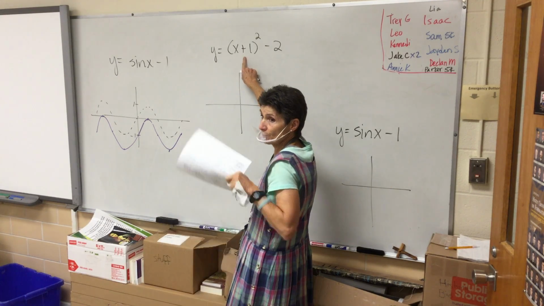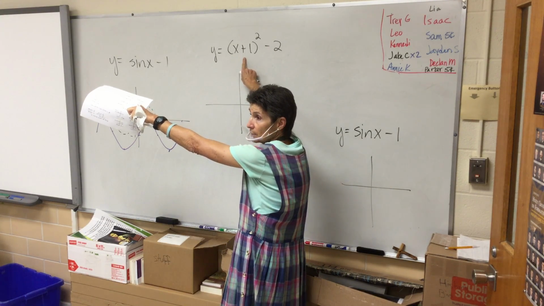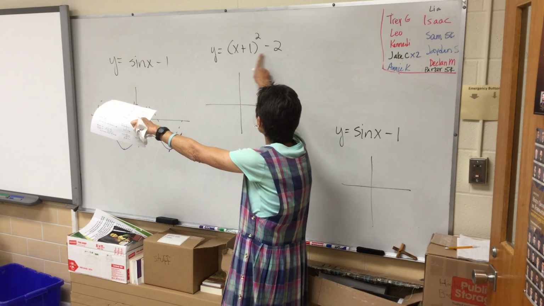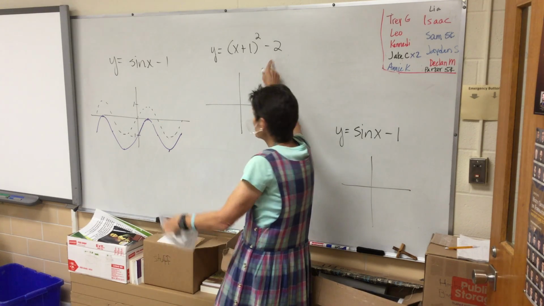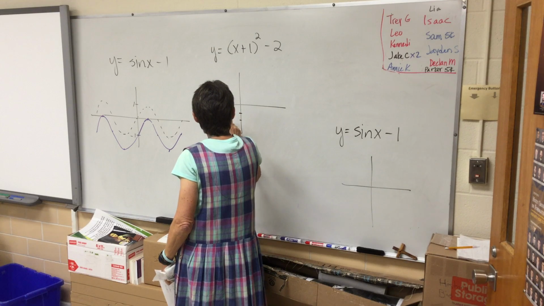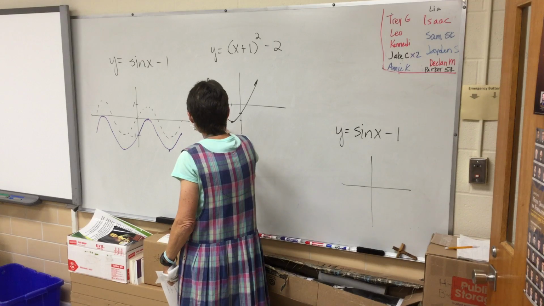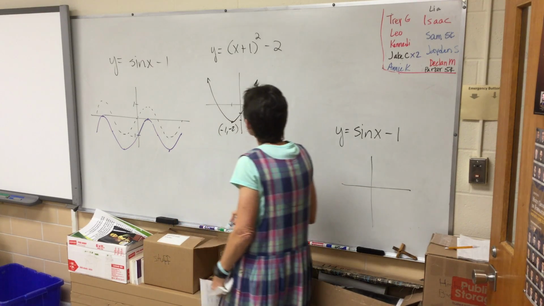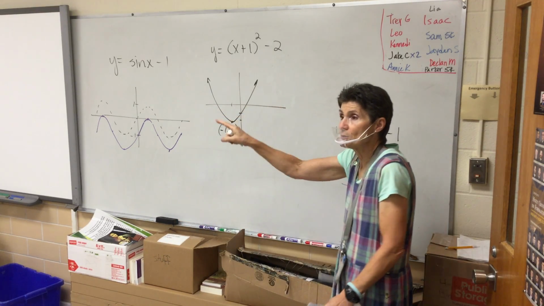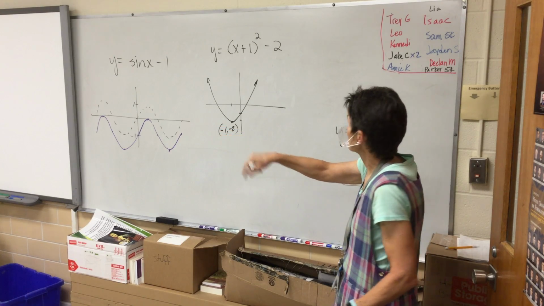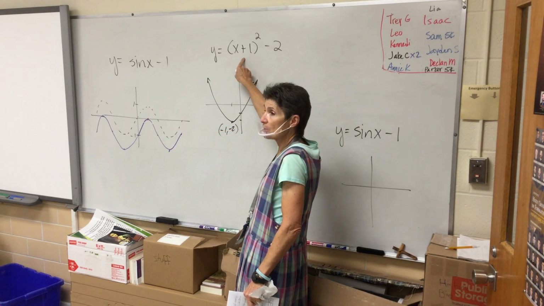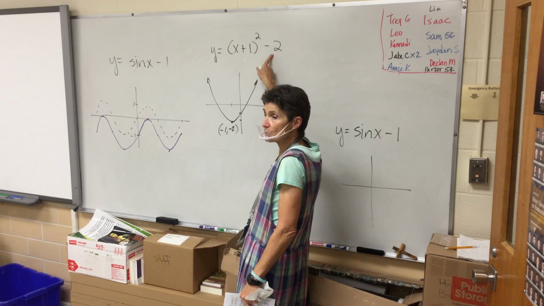What does this do? Left 1 and down 2. So left 1 and down 2, you have your U, not upside down or anything weird like that. It's just shifted 1 unit to the left and 2 units down. This goes left, this goes down.